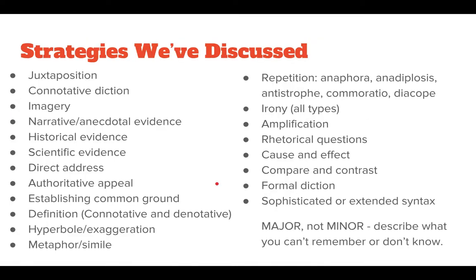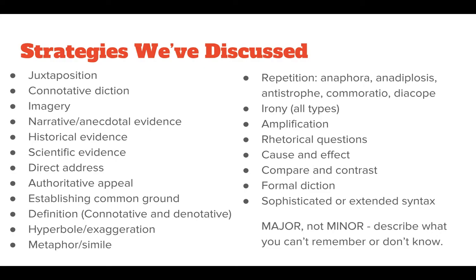Okay. And then lastly, these are some of the strategies that we've discussed. I suggest you review all strategies, but these are the ones that we've discussed this semester and therefore should stand out to you. All of these strategies, juxtaposition, connotative diction, are all things that we've gone over in class. So you should know the names of these.